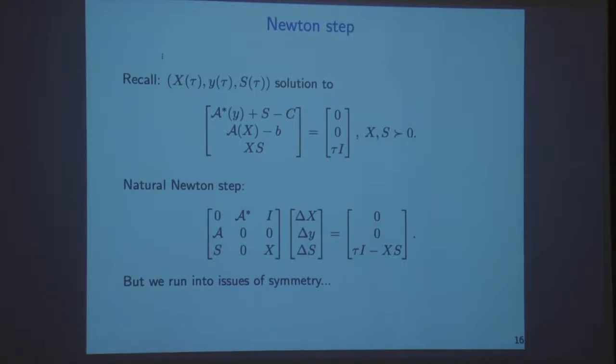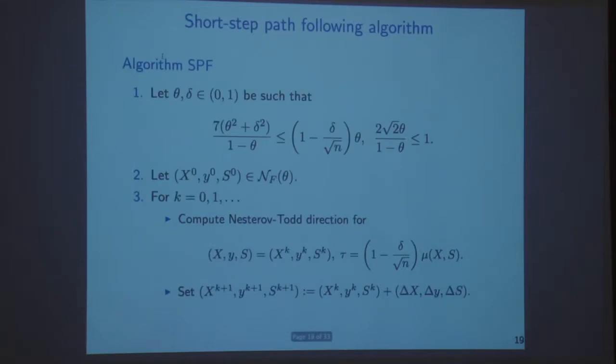So let me skip one slide here for a moment and tell you how things would work out if you do the proper thing. This algorithm is essentially identical to the short step path following method for linear programming, in the sense that the drill is exactly the same. We take two constants.